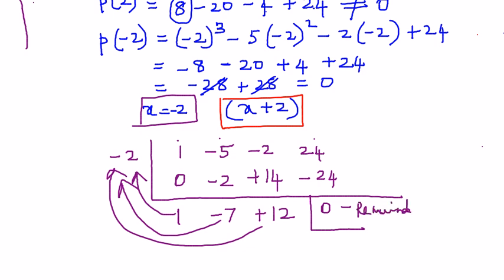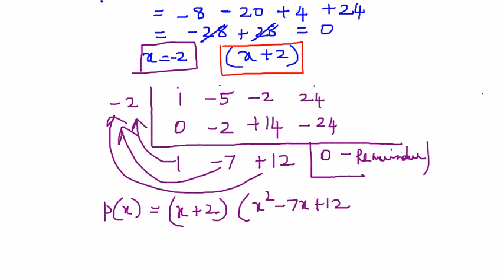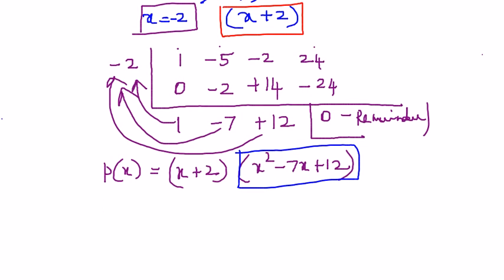Good. So how can we write this? You can say that your p of x is x plus 2 into x squared minus 7x plus 12. Can we find the factors of this x squared minus 7x plus 12? That is easy.